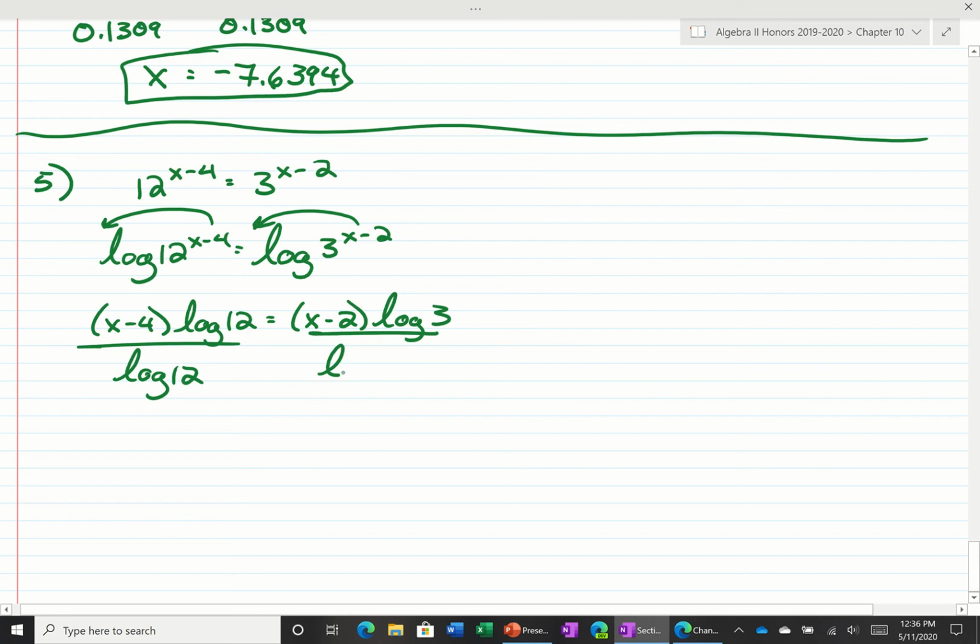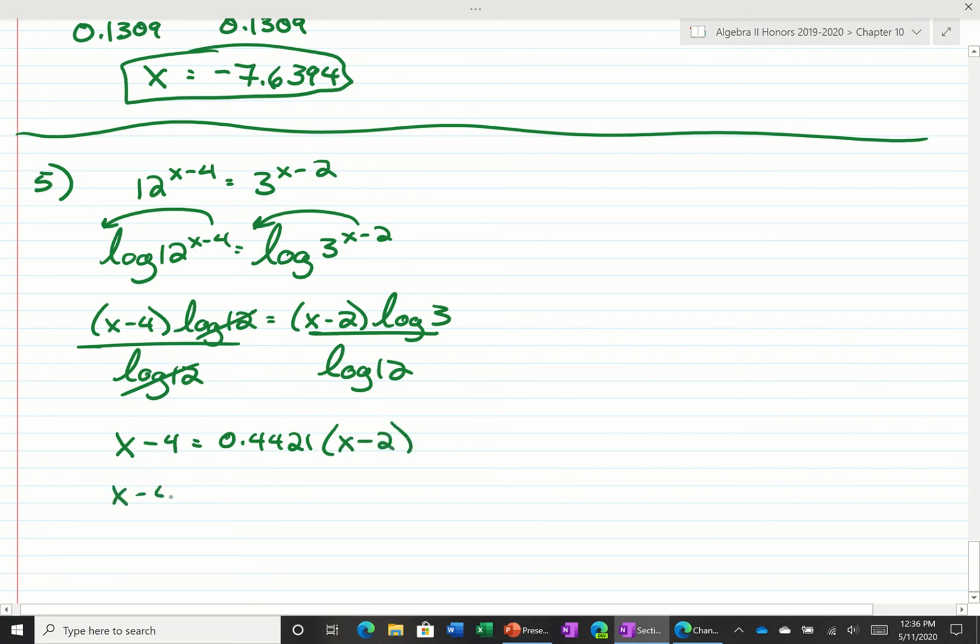I'm going to distribute log 12. It's a bigger number. That's the only reason why I picked it. But what I'm going to do is log of 3 divided by log of 12, and I'm going to multiply that number, 0.4421, by x minus 2.